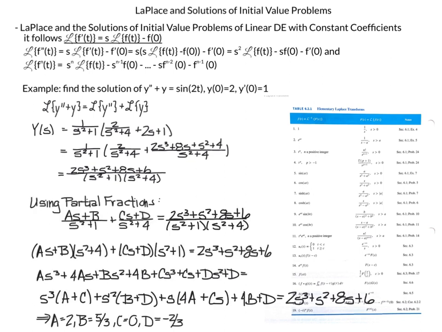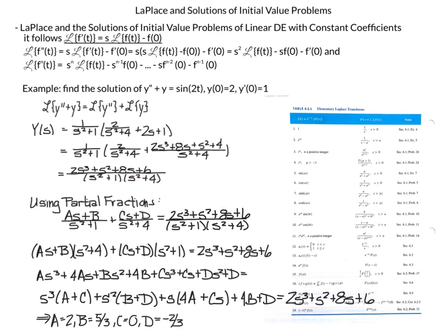Now using partial fractions, because I want to break this down into something that looks like a over s squared plus a squared, I'm going to have as plus b over s squared plus 1, the first part of my denominator, plus cs plus d over s squared plus 4, the second part of my denominator.